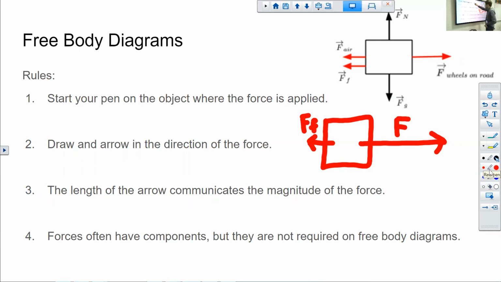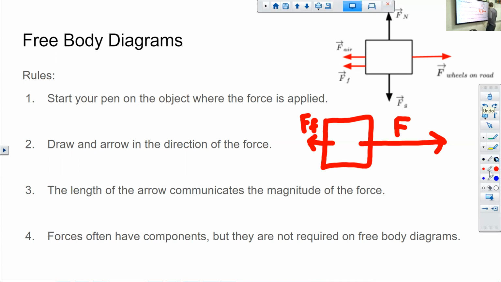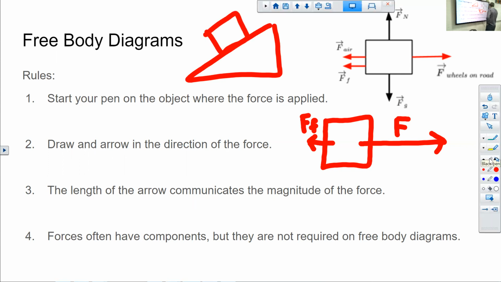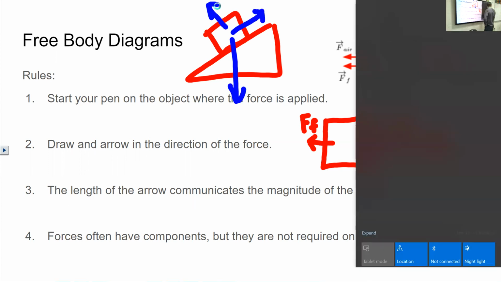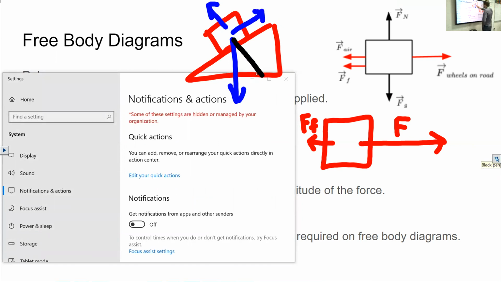So if they ask you for a free body diagram and say, for example, the free body diagram is on an incline, like in this case, okay? You'll be very tempted to draw all the forces and then in the same way we did in class to break down the gravity into its various components, which is totally fine, except they're often not asking for the components.